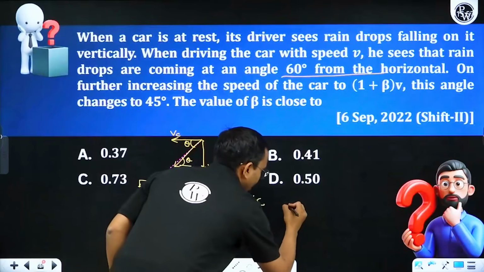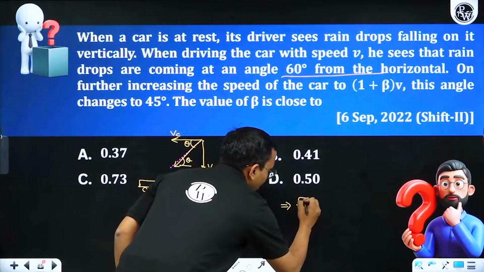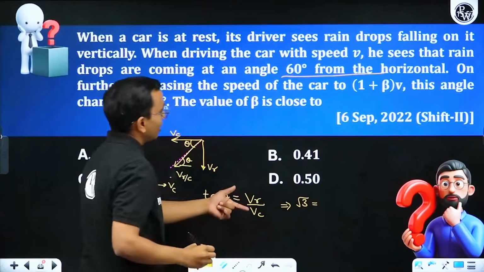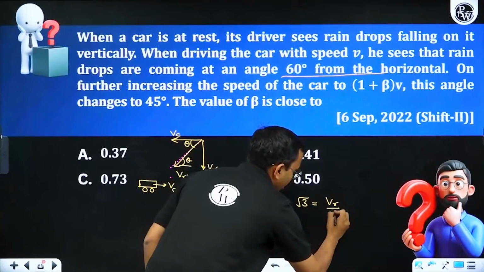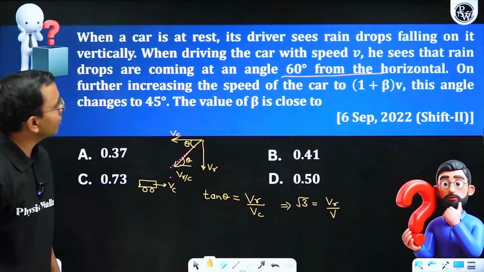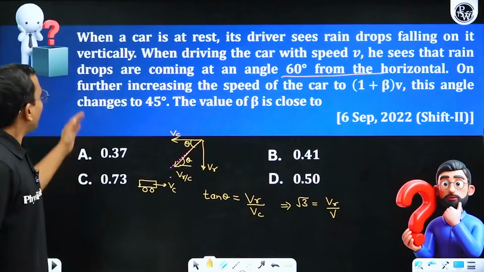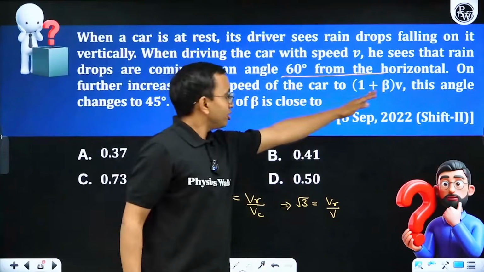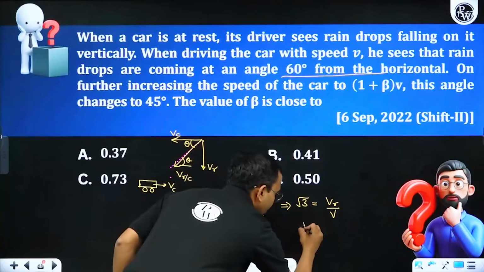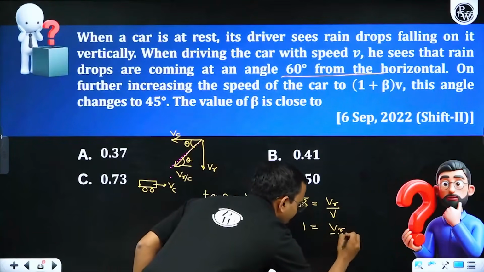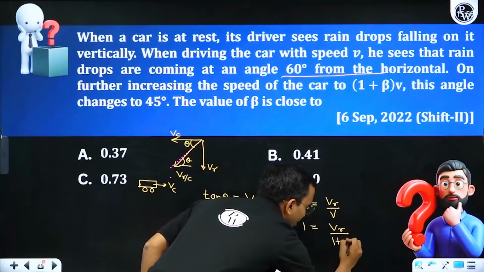So I will say root 3 is v rain over v, as initially his velocity was v. Getting it? On further increasing the speed to (1 plus beta) times v, the angle becomes 45 degrees. Tan 45 is 1, v rain divided by (1 plus beta) times v.